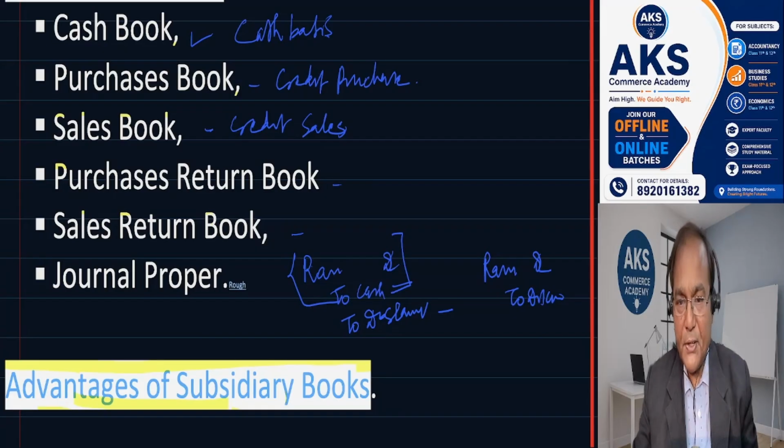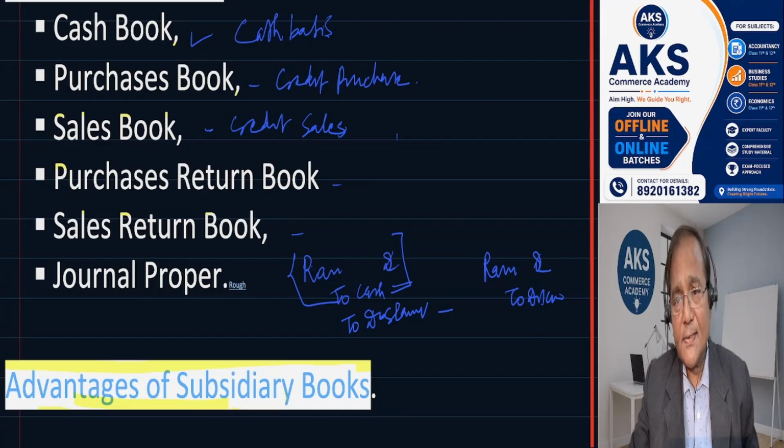Similarly, if there is a sale and a discount is allowed on payment, what is the entry that we pass for this?